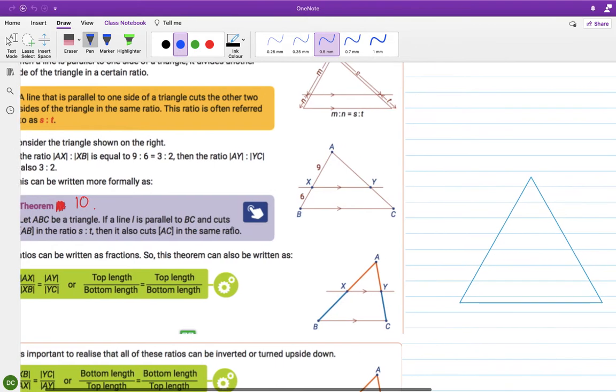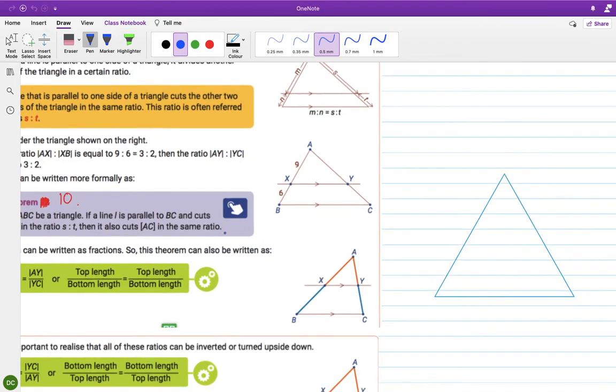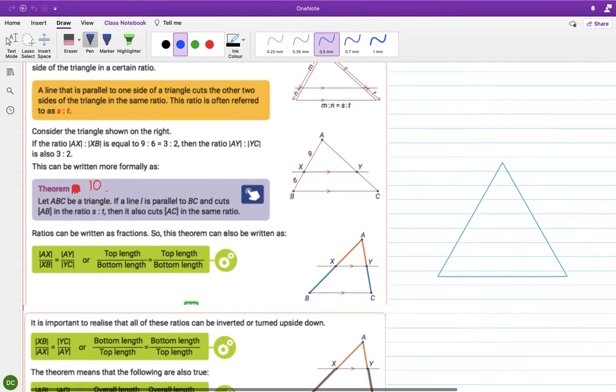Right, so there's ABC. Oh, sorry. Okay, so A, B, and C. Right, so let ABC be a triangle. Done. If the line L is parallel to BC, right?